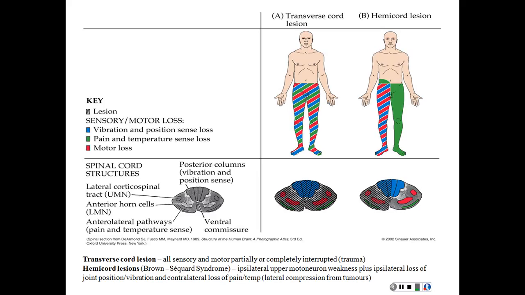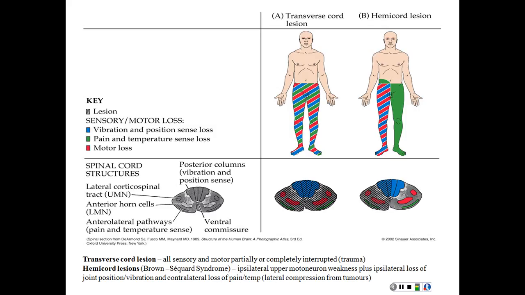The pain neurons just a couple of levels below, their axons get into the central nervous system, they get into the spinal cord, and they cross the midline. So on the affected side, there's no problem. However, on the contralateral side, the information comes into the spinal cord, the axons certainly cross the midline, but now they are damaged, and that information does not get any higher.